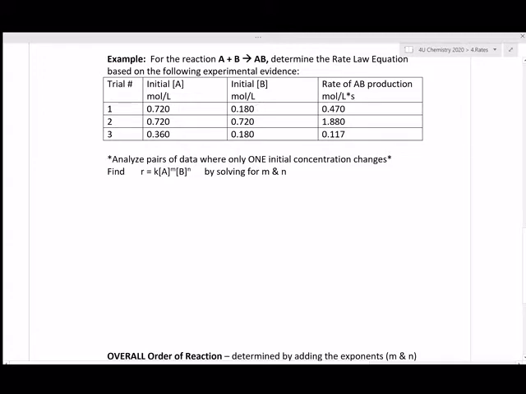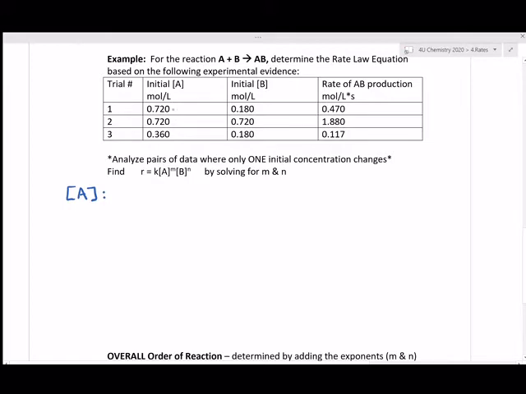So what is very key in solving for your exponents, m and n values, is that you pick pairs of data to analyze where only one of your reactants is changing. So, for instance, if we were going to start by analyzing reactant A, I want to change A. I don't want to do 1 and 2 because that's not going to tell me anything.